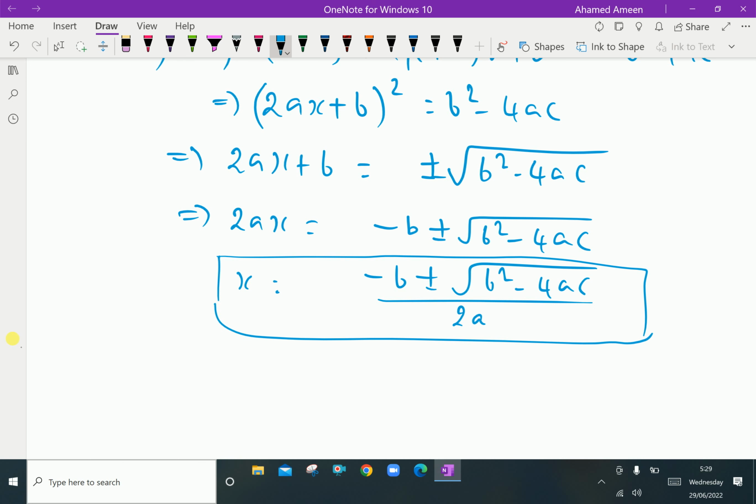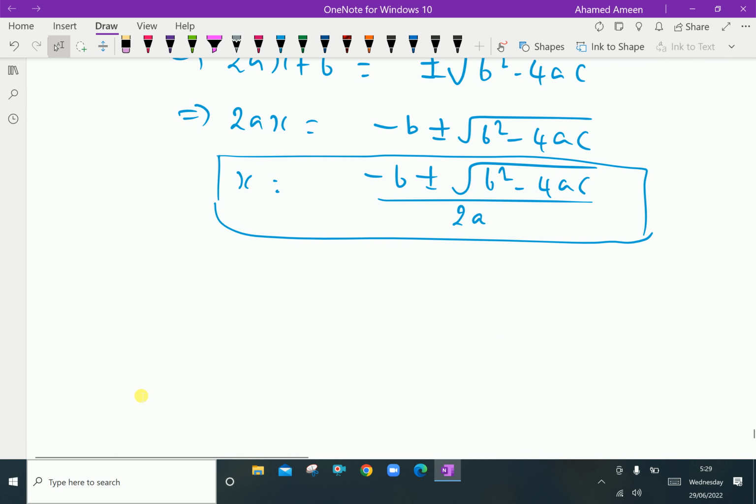Now we will discuss further about this one. For a quadratic equation ax square plus bx plus c equal to 0, which is the general form of a quadratic equation, the solution is minus b plus or minus root b square minus 4ac by 2a.